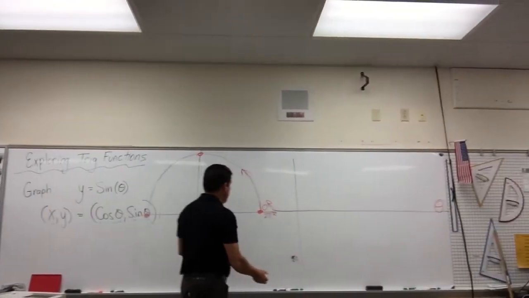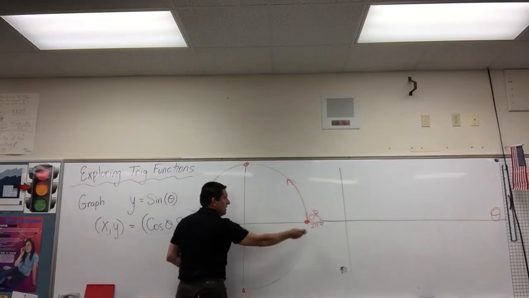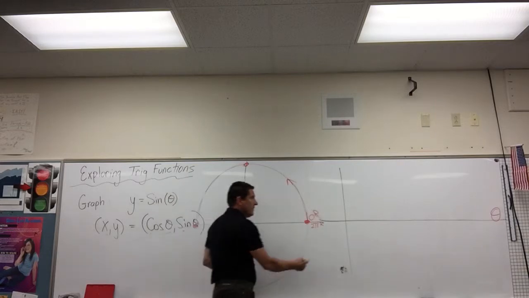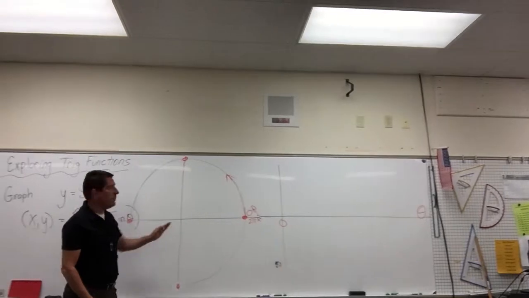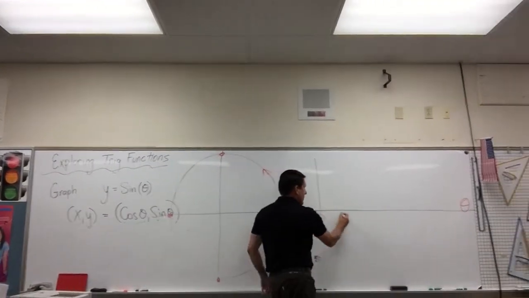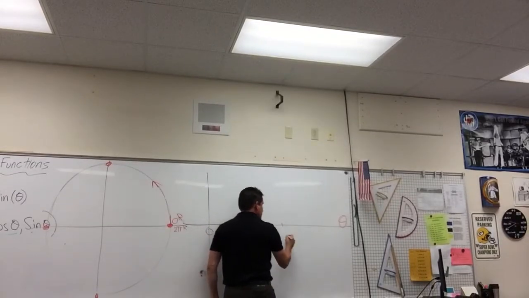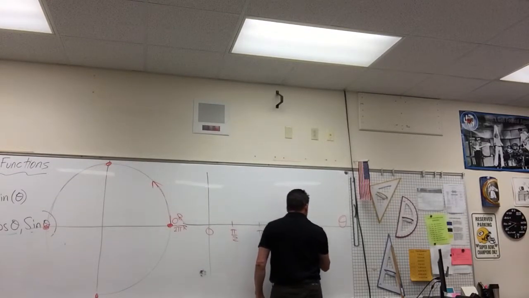So what I want you to imagine is I'm going to track it in a t-table. I'm going to go around the circle starting at 0, and at every one of these special markers I'm going to put a mark down. So I've got pi over 2, then I've got pi, then I've got 1.5 pi, and then I've got 2 pi.